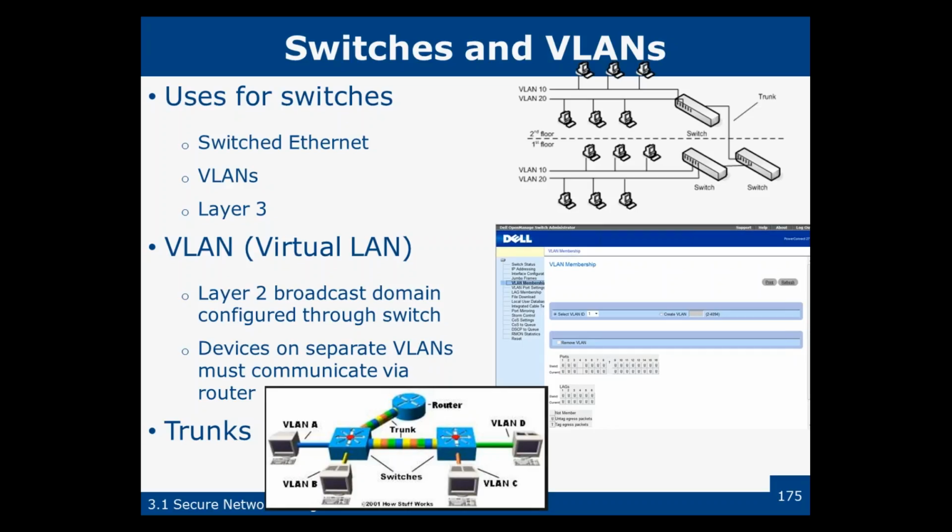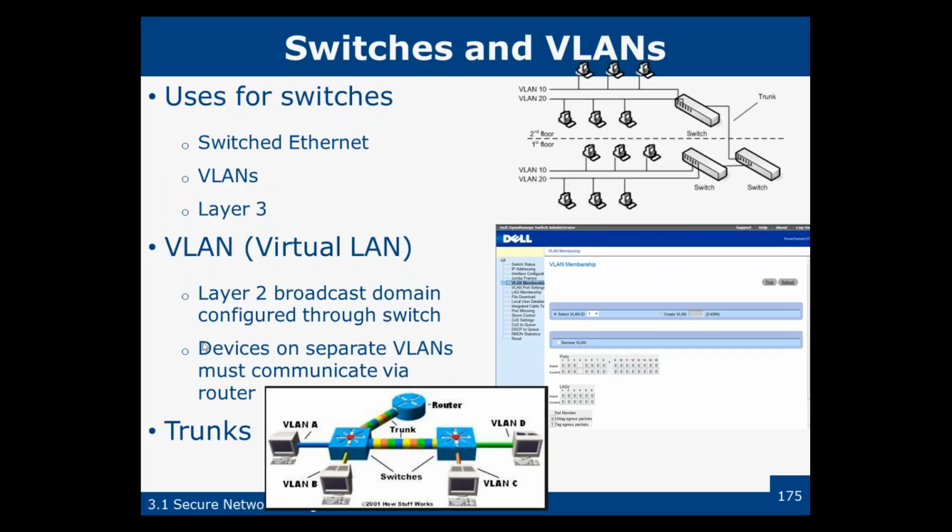I'll say layer 3 segments because it requires a router in order to send traffic from one VLAN to another. A VLAN is actually an IP subnet, and it shares information with all of the other machines on the same VLAN, the same IP subnet.